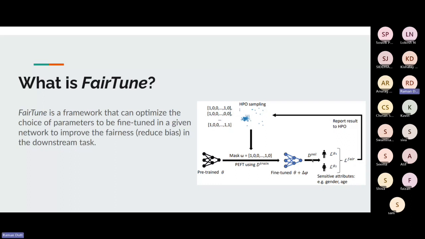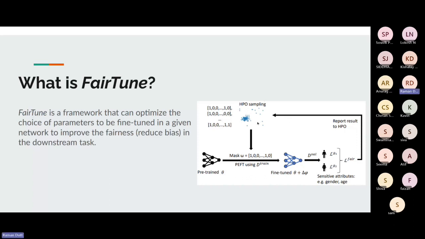And then you measure the performance on the validation set at the end of 30 epochs. So, for example, we had two subgroups, male and female. I measure the performance on the two subgroups, and I report the performance of the worst performing subgroup back to the HPO algorithm.